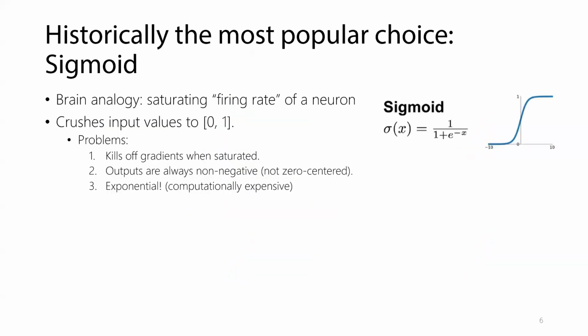So the historically most popular choice, obviously, is sigmoid. Back in the 90s and 2000s, when people were talking about neural networks, 99% of the time, it was sigmoid that they were talking about. All right. So sigmoid, I think I mentioned briefly in a very early part of this course, is kind of a smooth approximation of the step function, right?